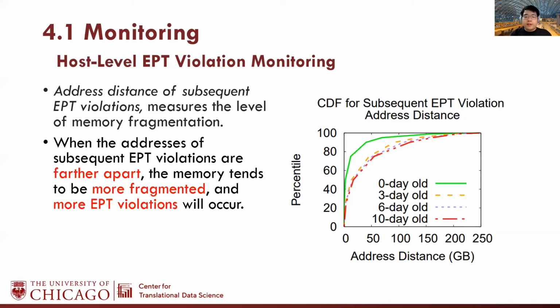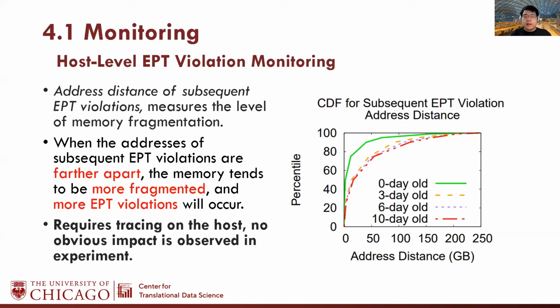We use the metric we defined in the experiment and rely on the distribution of the distance. This method requires tracing on the host, and we do not observe performance impact based on our earlier experiment. And we can see that there's an obvious difference at day 3. Thus, it is a good indicator to warn that the VM begins to slow down.